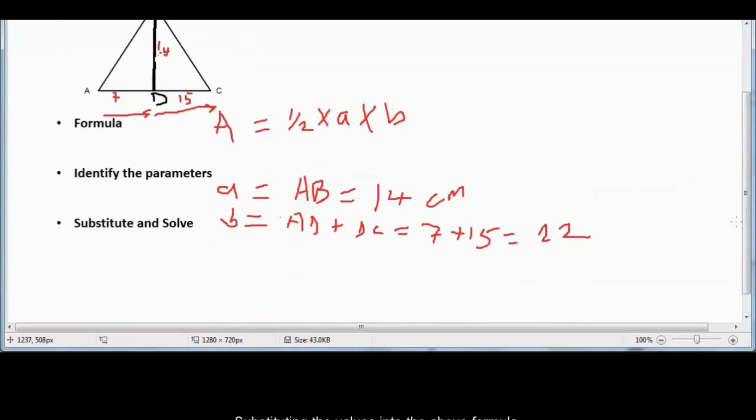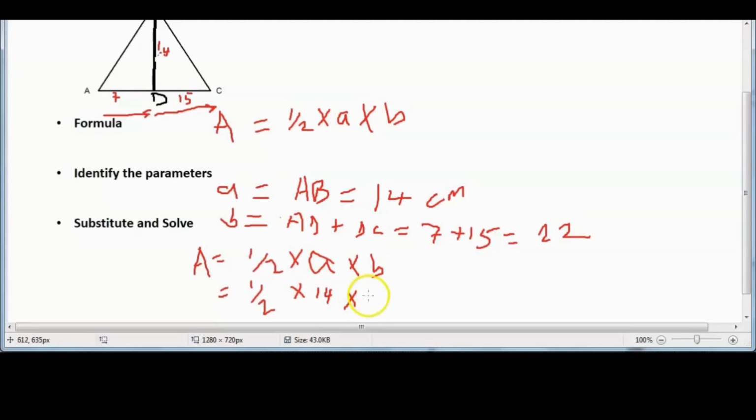So substituting the values into the above formula, we're going to have, first of all, let me say A is equals to half times A times B, half times 14 times 22.